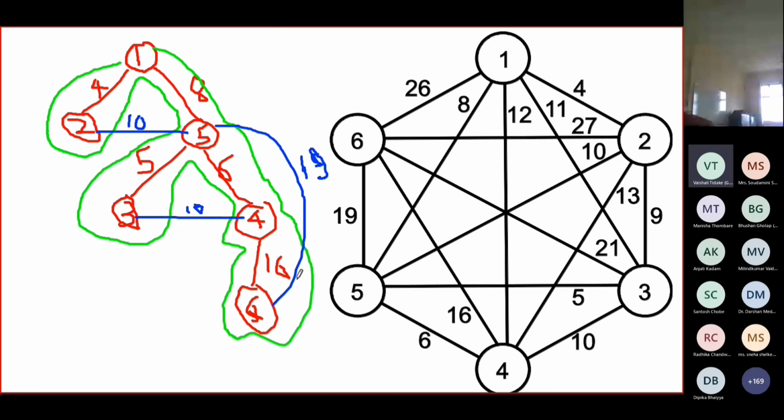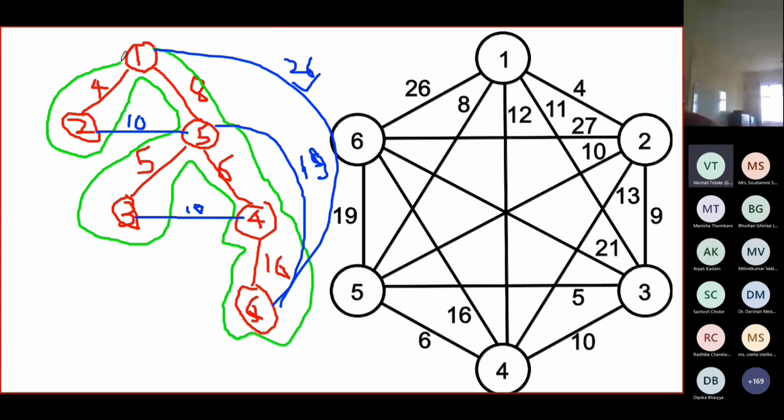And now again, you are going 6 to 5 and 5 to 1, so 5 is revisited. So instead of that, again you can remove this 19 and replace it by 6 to 1, which is 26. So if you add 19 plus 8, it is smaller, I think, and you will get this.